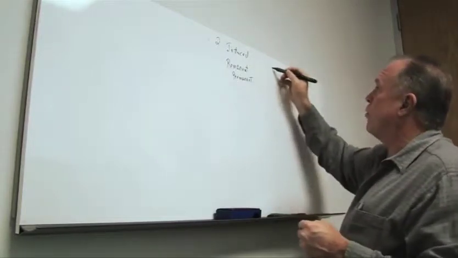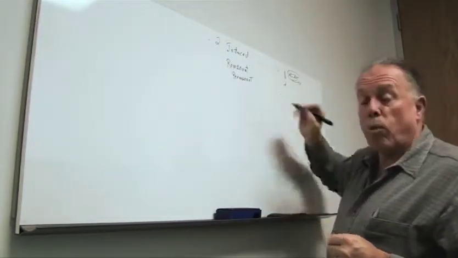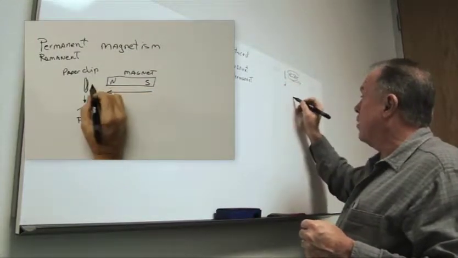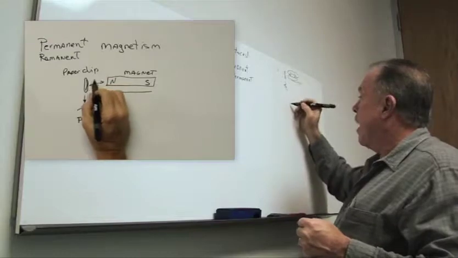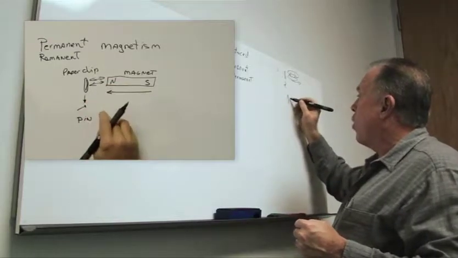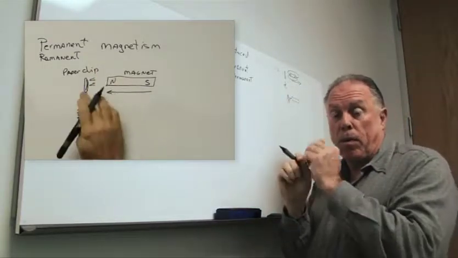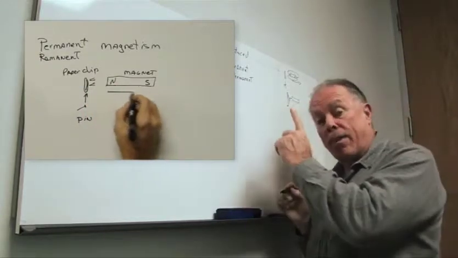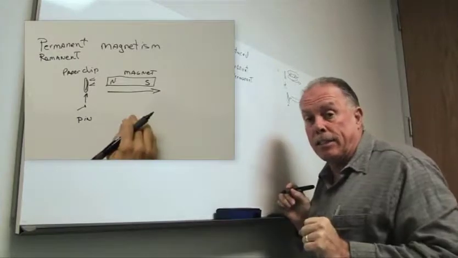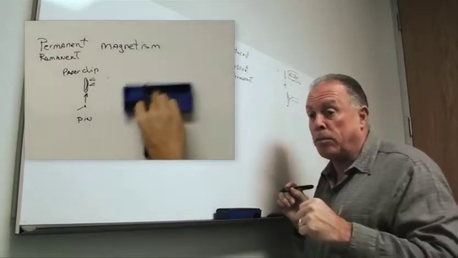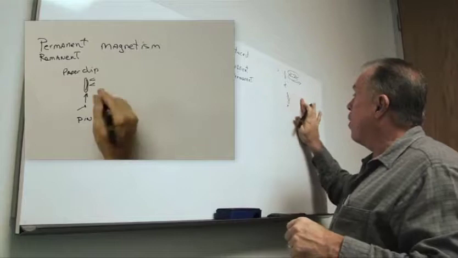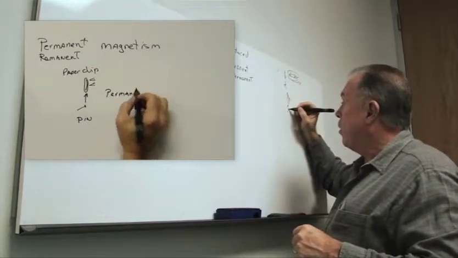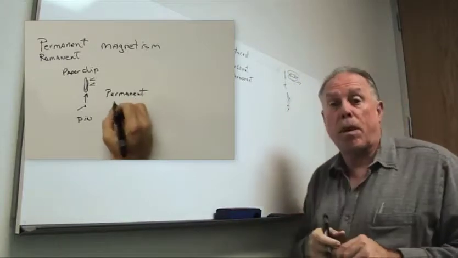So this is induced. Then we also have remnant or permanent magnetism. Remnant or permanent magnetism means that we have a magnet and we have a paper clip and we stroke the paper clip on the magnet and it becomes its own magnet. So now we have permanently magnetized the paper clip. Even if we pull the magnet away, a pin will still be attracted to the paper clip.